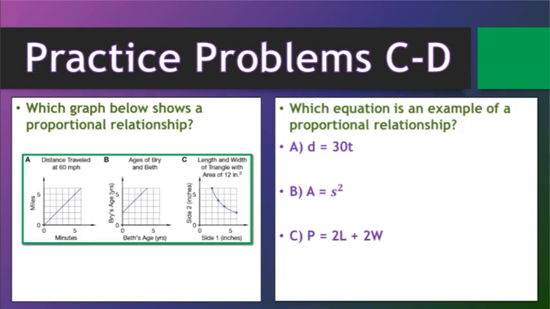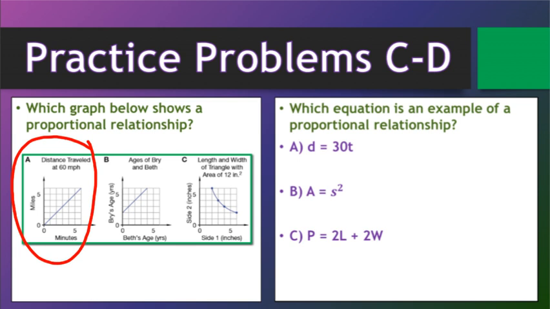And our last questions, which graph below shows a proportional relationship? So again, it has to go through the origin, and it's got to be a straight line. The only one that does that here is letter A. And the last one, which equation is an example of a proportional relationship?